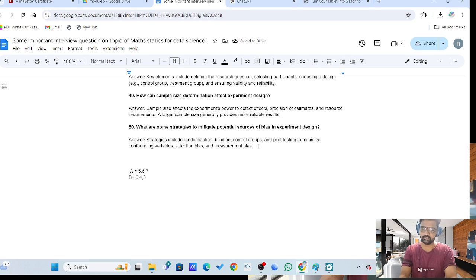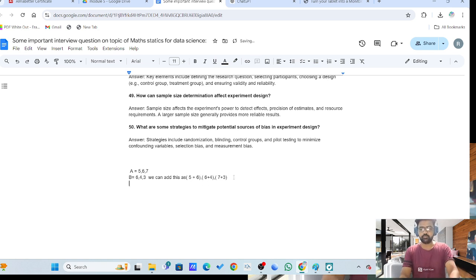We can add them as 5 plus 7, 6 plus 4, 7 plus 3, each as one unit, a second unit, and a third unit. This is the result of the vector addition. If you want to do subtraction, the sign changes.